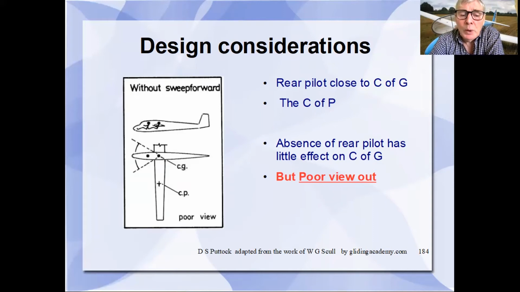If the wing and the centre of pressure are going to be roughly in line, then the wing needs to be where the rear pilot is. Unfortunately, the view of the pilot when he's looking out for other aircraft is quite a narrow field of view, because the wing is in the way for a larger part.